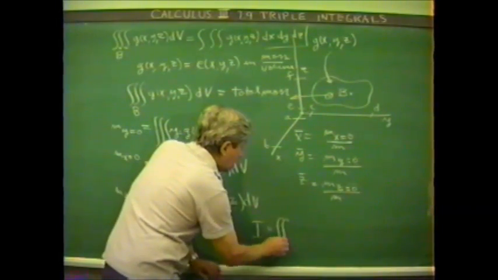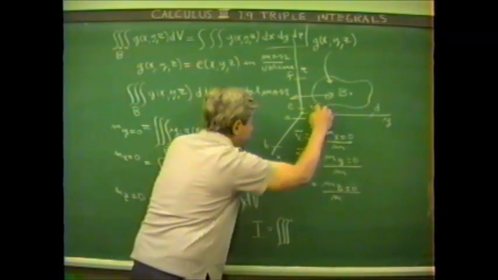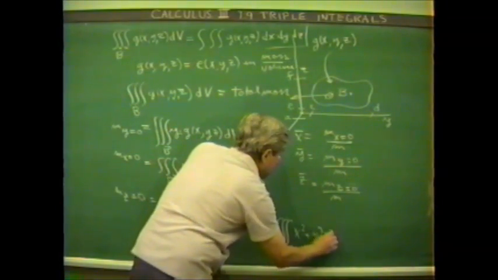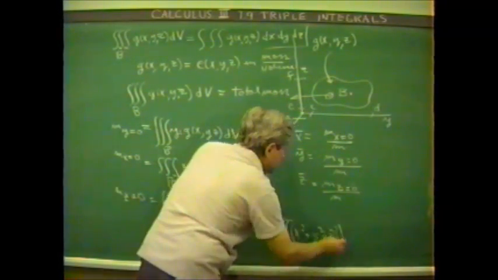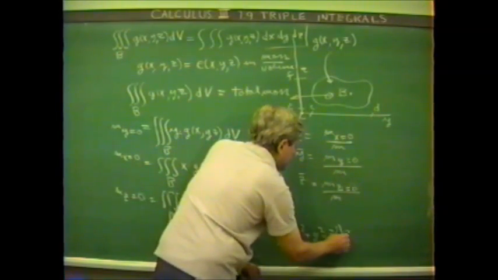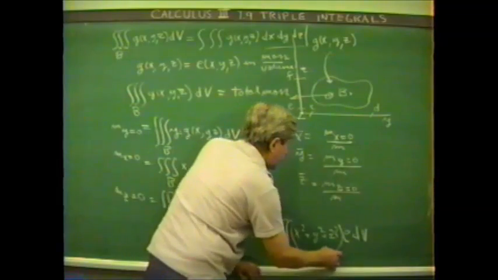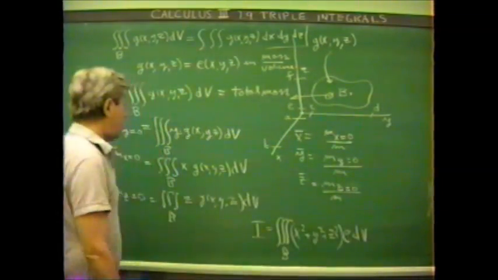The moment of inertia is the triple integral of the squared distance of a point to the origin, that's x squared plus y squared plus z squared, times rho with respect to volume, the integral over B, where rho here is the density.